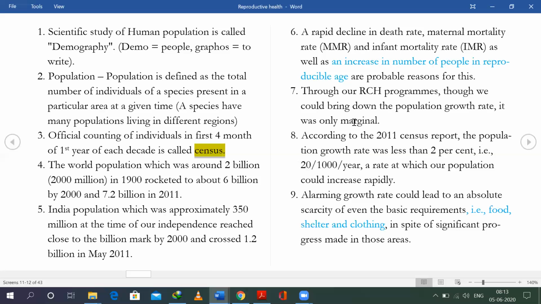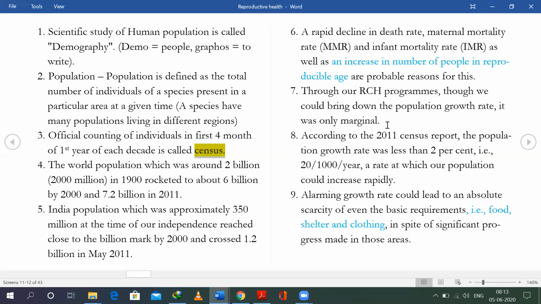And apart from this, the RCH programs, if you recall. RCH is reproductive and child health care programs. Through these programs you are able to bring down the population growth, but only marginally. So what is this RCH program?